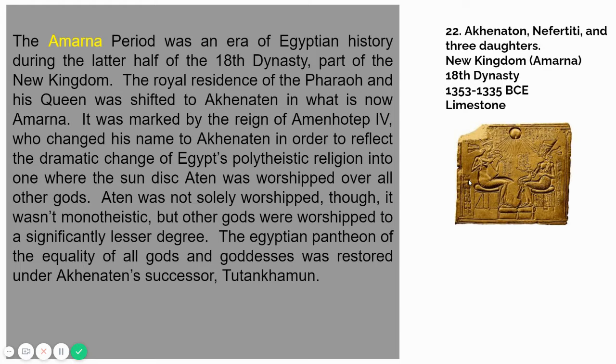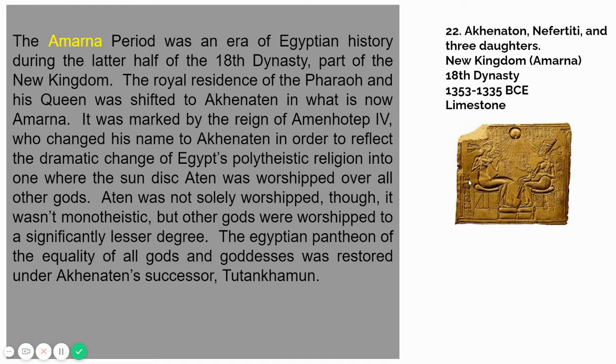The Amarna period was a really significant era in Egyptian history. It didn't last very long. It was during the latter half of the 18th dynasty, still part of the New Kingdom. But what's interesting here is we had a real shift in not only leadership, but also just kind of a weird little blip in that Egyptian continuity that we talked about.